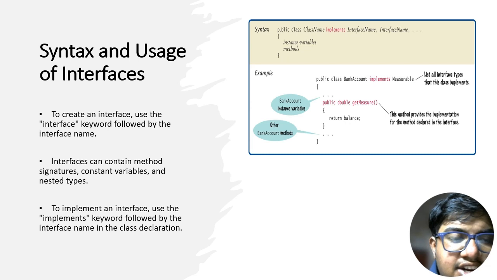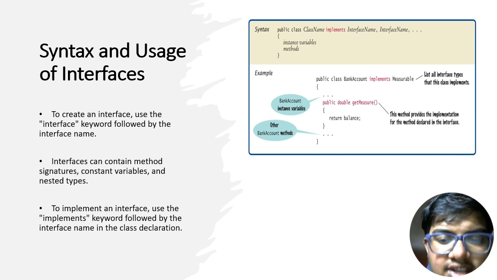Now let's see the syntax and usage of interfaces. To create an interface, you must use the keyword interface. Interfaces contain method signatures, constant variables, and nested types. To implement an interface, we use the keyword implements, followed by the interface name in the class declaration.